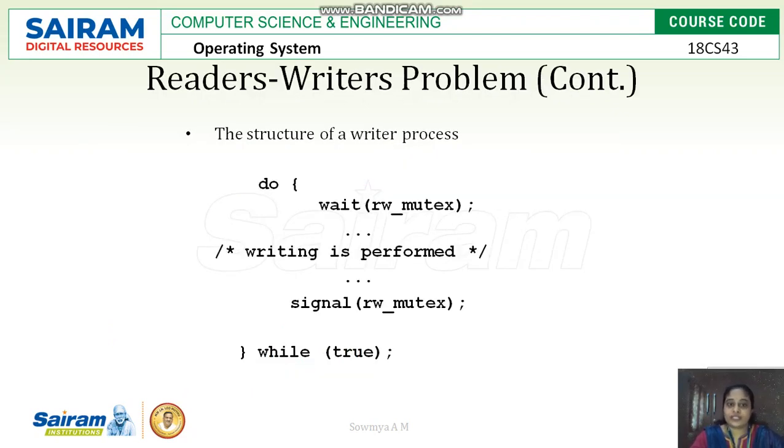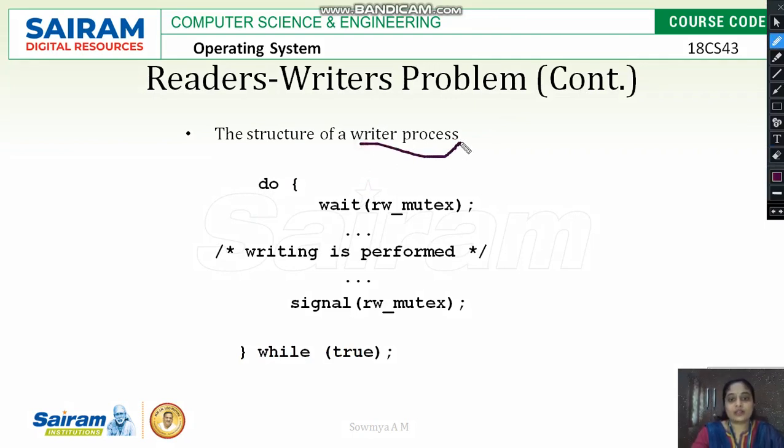Coming to the read and write problem, the structure of the write process looks like this. We have the write process for the processes that are using the file for writing purposes. The writer will always wait on read write mutex, the write is performed, and then it signals read write mutex. Once wait on read write mutex is called, all other processes will be waiting for the write option.